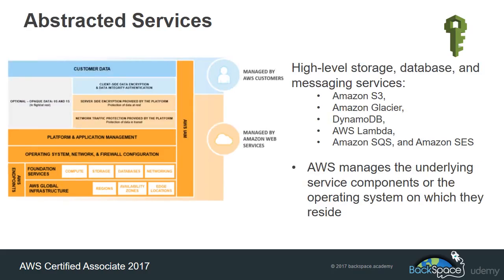The next one we look at is abstracted services, and they're an even higher level than container services. That's where we have a service and we don't particularly know what is behind it.